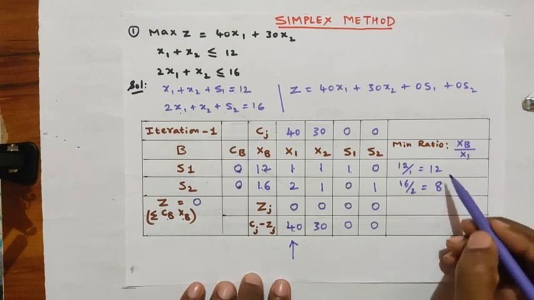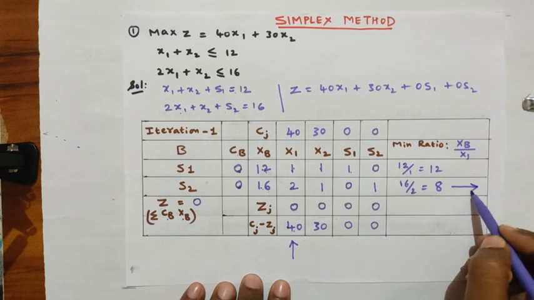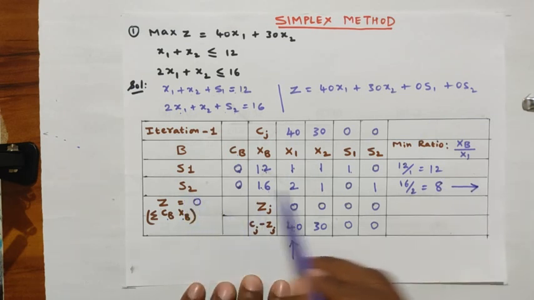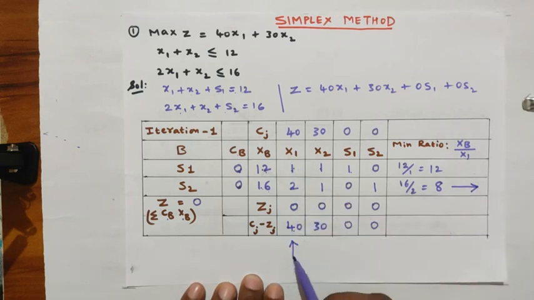And the lowest of the minimum ratio is 8. So 8 will be the leaving variable. It is of the S2 row. So S2 will be the leaving variable, and X1 will be the incoming variable. The entering variable is X1, and the leaving variable is S2.